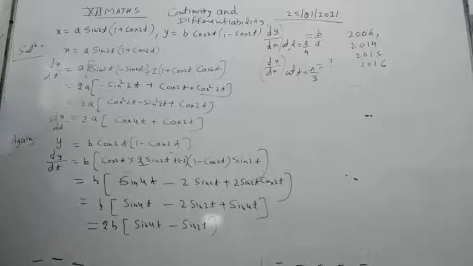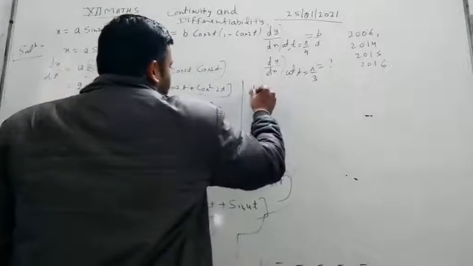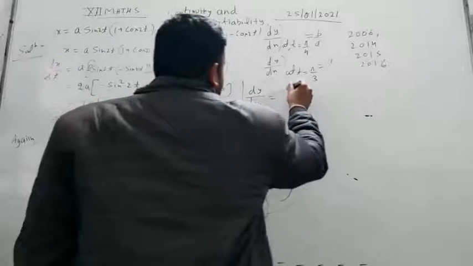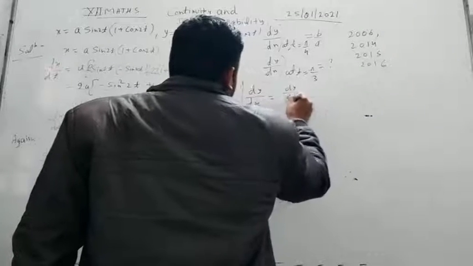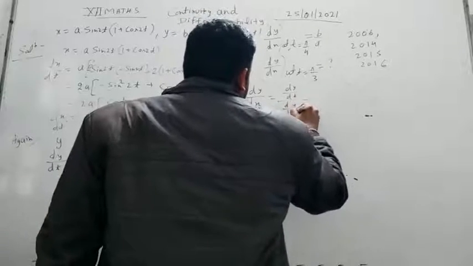Now we find our dy by dx. Let dy by dx be dy by dt divided by dx by dt.